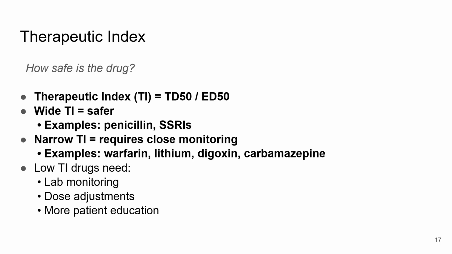Examples of these would be penicillins and SSRIs, where small changes in the dose are unlikely to cause serious harm. A narrow therapeutic index means that the effective dose is close to the toxic dose. So with these drugs, small changes in dose or small changes in absorption or metabolism, such as how our kidney and liver function, can lead to toxicity.